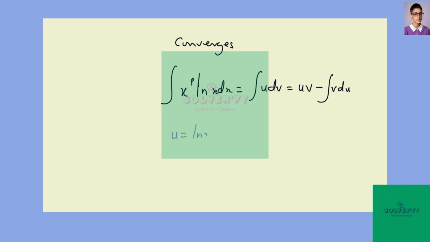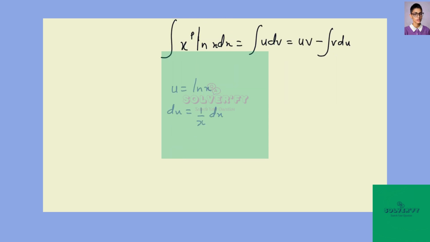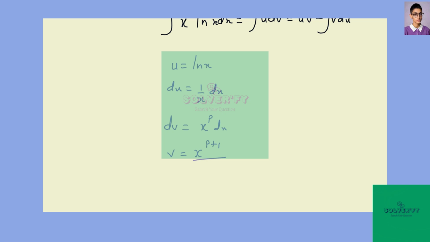So we'll pick ln x for that, and now du would be equal to 1 on x dx. We also pick dv as x to the power p dx. So if we take the integral of both sides, we'll have v equals x to the power p plus 1 over p plus 1.